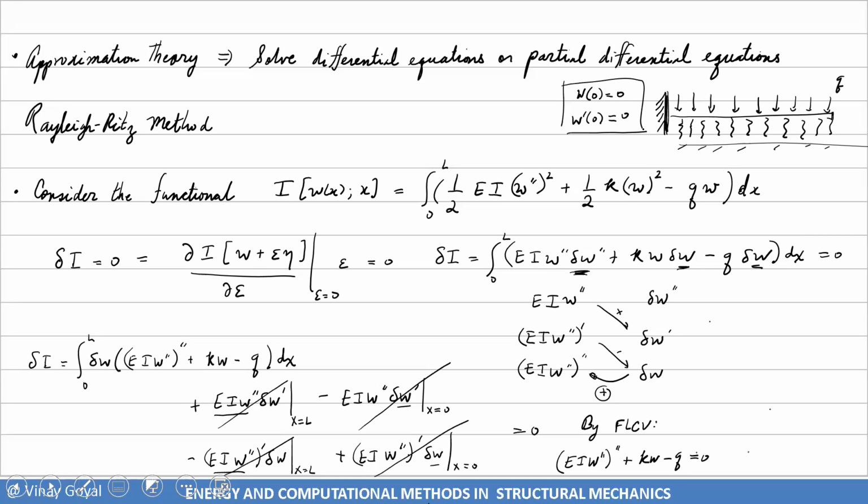On the right hand side, EI W double prime is 0, and EI W triple prime is 0 at this boundary here. So we have a fourth order differential equation, so I have 4 boundary conditions.